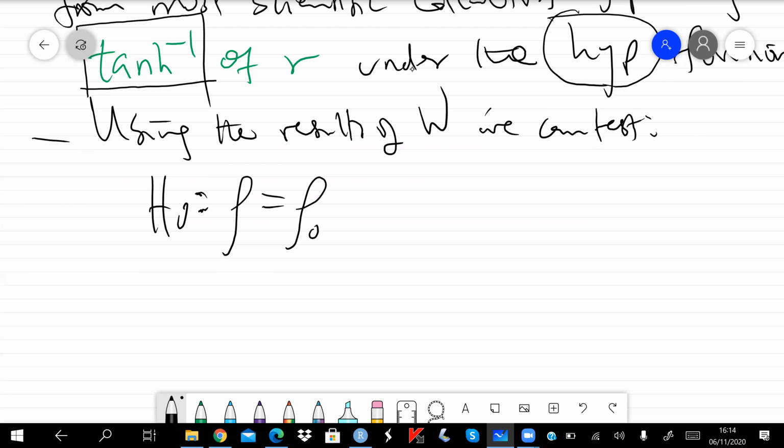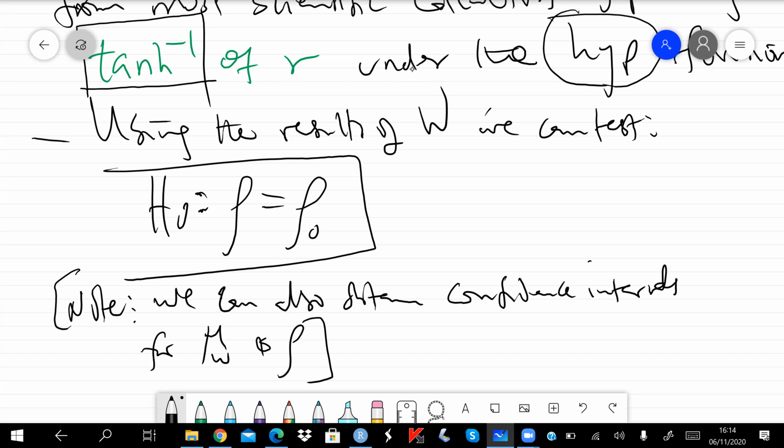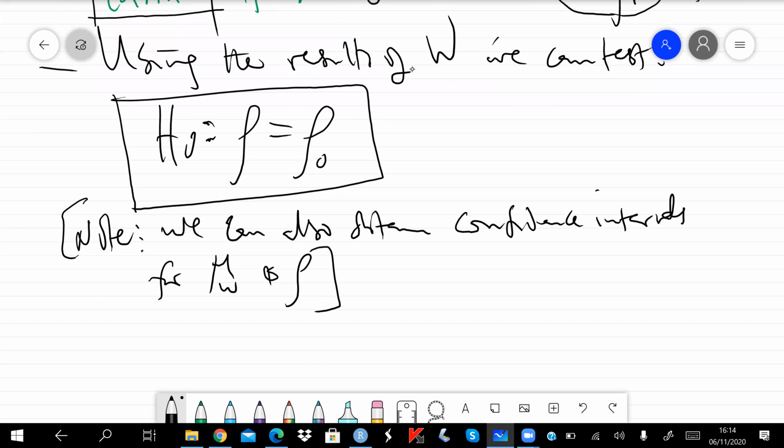Based on the argument above, we can also obtain confidence intervals for mu of W and rho. But for now this is not our interest. Our focus now is the testing of hypothesis.